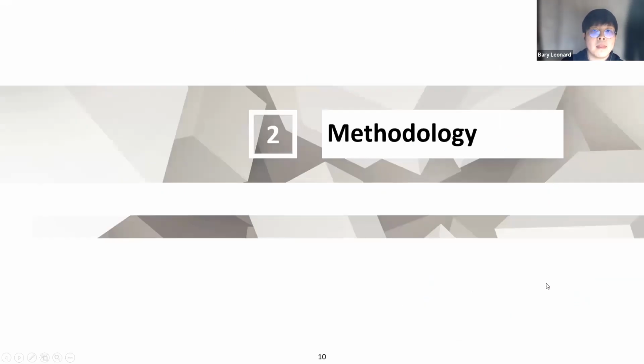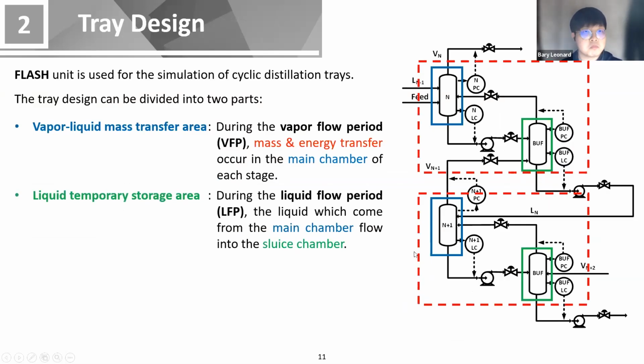So during the VFP, the liquid is retained up here, and during the LFP, the liquid will be retained down here, like that. For our methodology to simulate this kind of system, we use a flash unit to represent each chamber on each stage. So we can see one single red rectangle here represents one stage. One stage will have one main chamber and one sluice chamber.